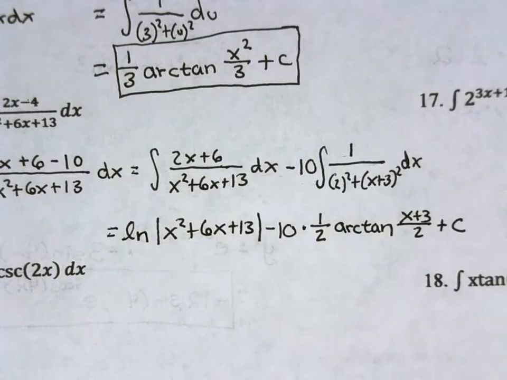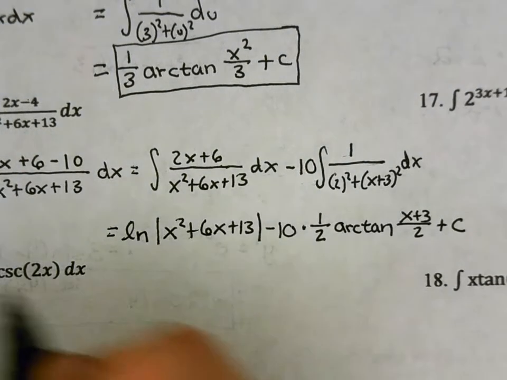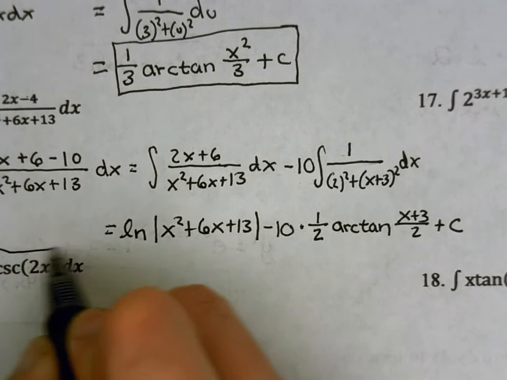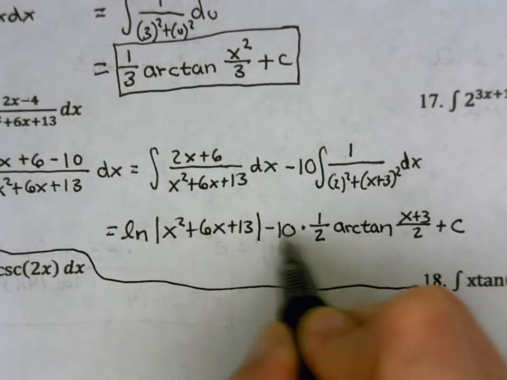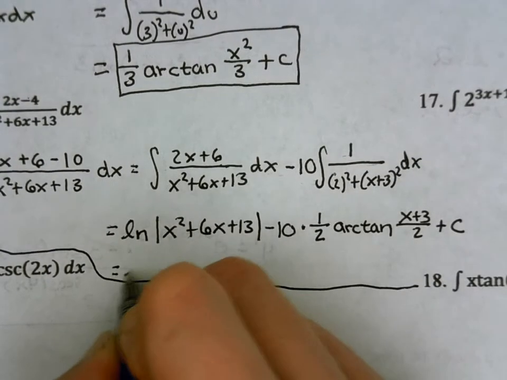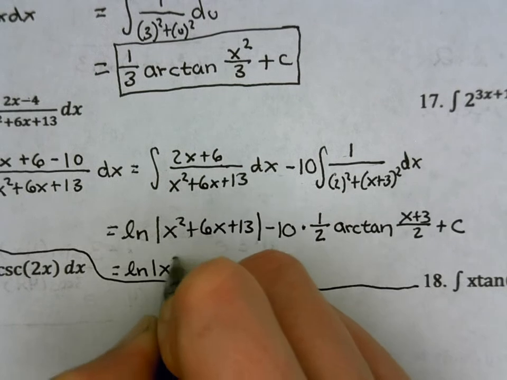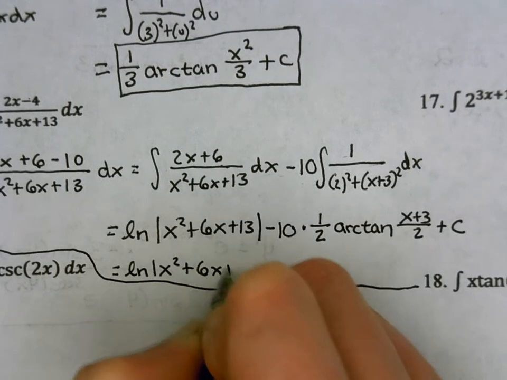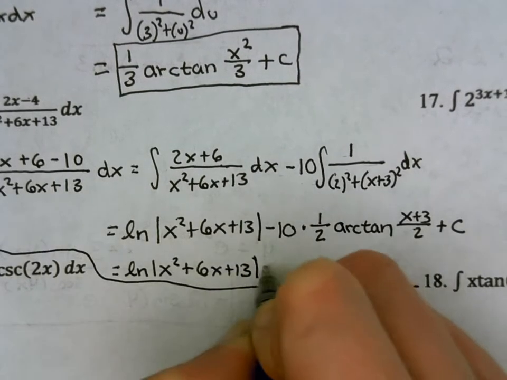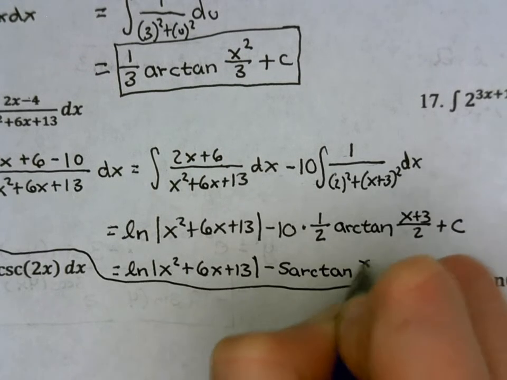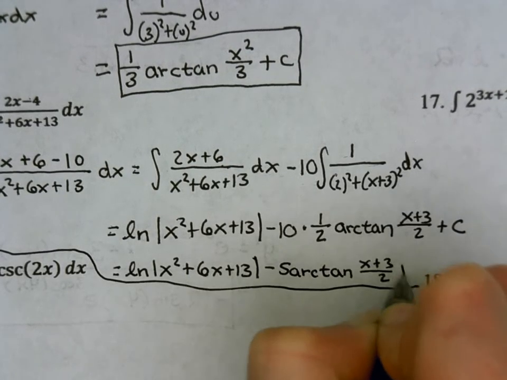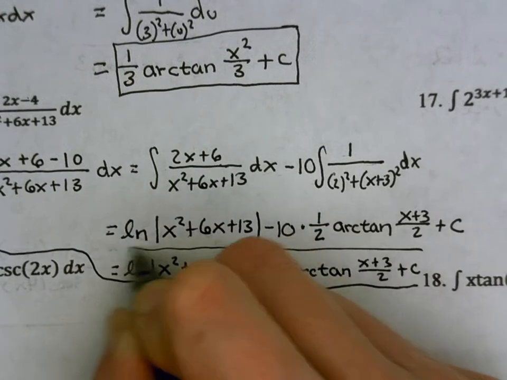And then the last thing that I would probably look for here, although I am running a little bit out of room, would be this 10 times the 1/2 simplifying. So we're at natural log of x² + 6x + 13 minus 5 arctan of (x + 3)/2 plus c. And so that there is going to be my answer.